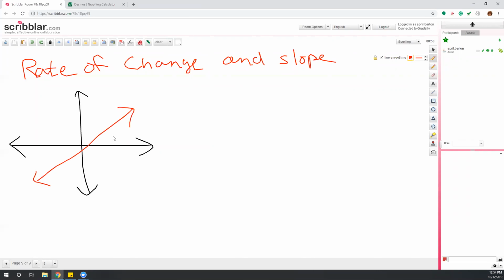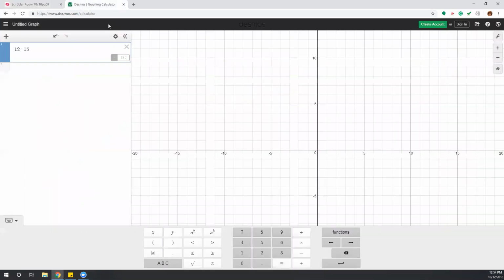So let's take that example we just talked about of the amount of hours you work. We can write that equation and we can actually get a picture to see how much I am going to make depending on how many hours I've worked. I'm going to just type it into Desmos for now. When there are graphs, you can always check your work on Desmos. It's a really good online graphing calculator.